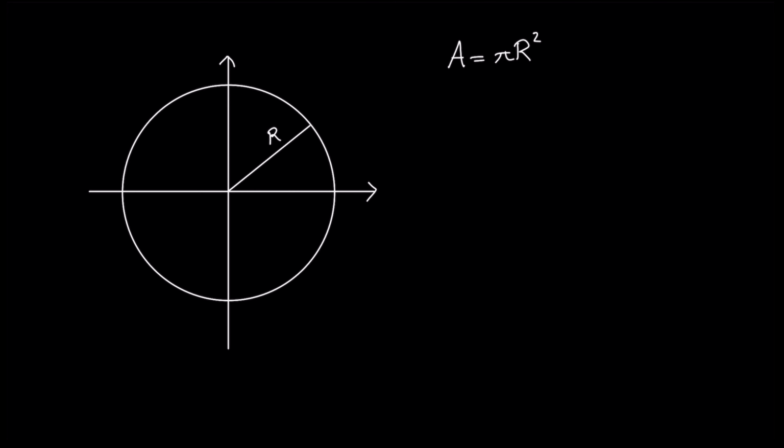So one area element is going to have a radius r, and it will be a circle of radius r, but it has a tiny bit of extra length dr. So it's infinitesimally thin, but it does have a bit of thickness to it, essentially so that instead of it being a line, it is in fact an area.